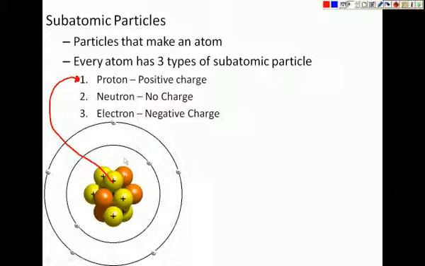We have neutrons right here. And they have no charge. That's why there's nothing written on them. And then we have electrons right there. They have a negative charge, and if you look closely, you can see a little minus sign right there for the negative charge.